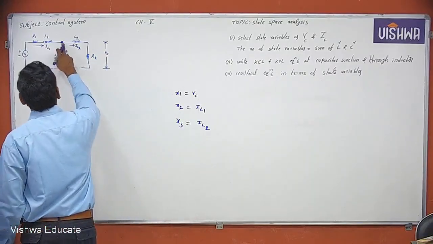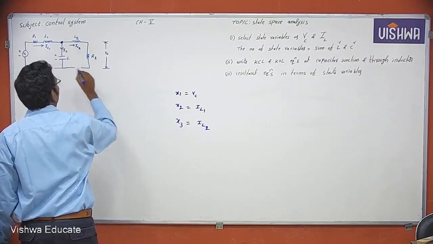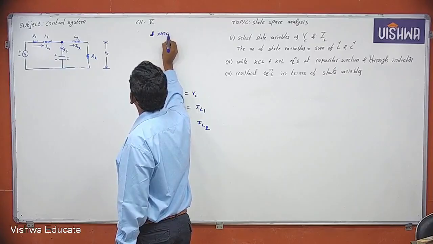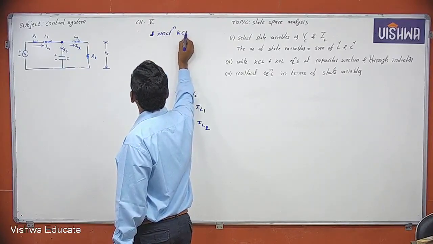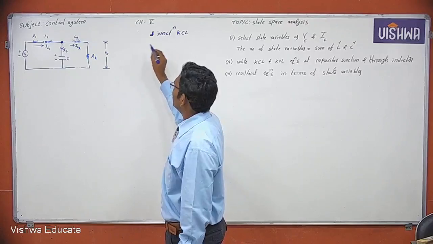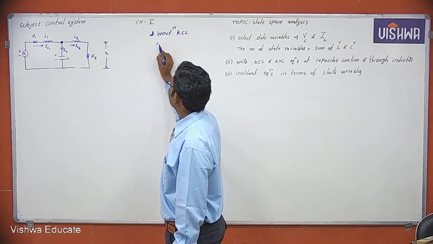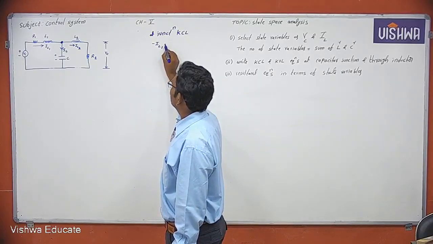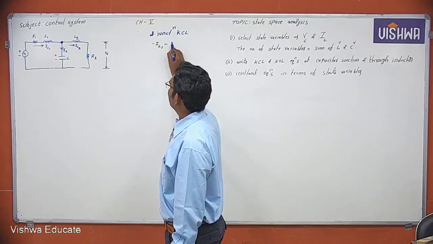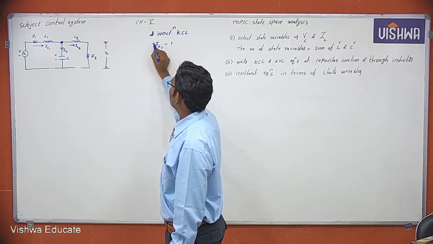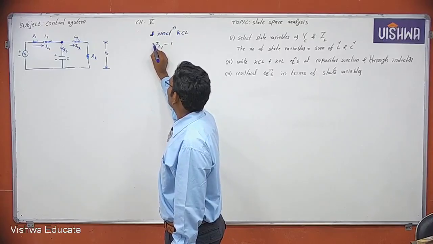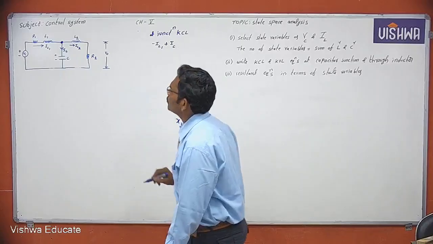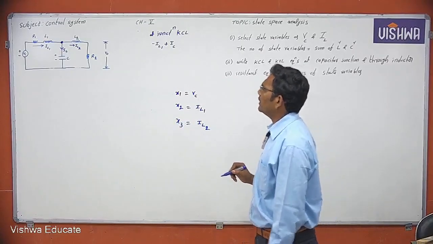So at the junction, if you write KCL, one is an entering current, IL1, and two are leaving currents, IC and IL2.